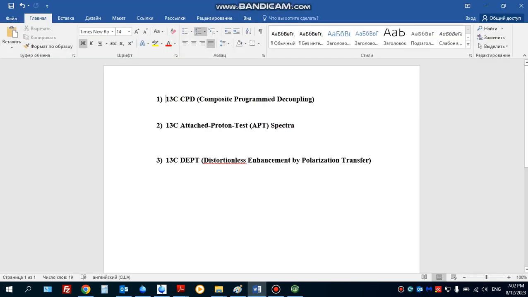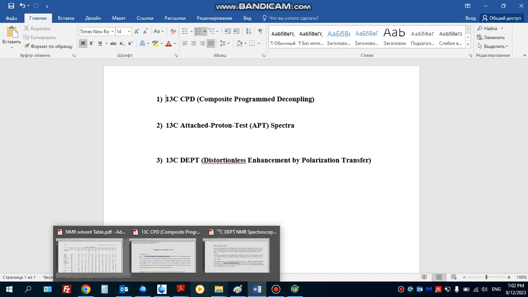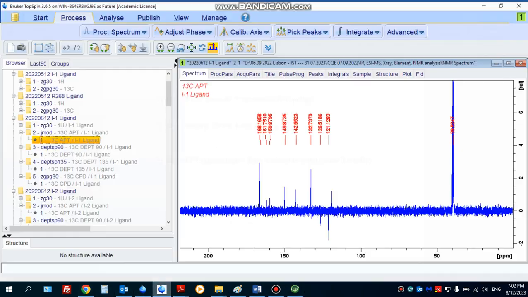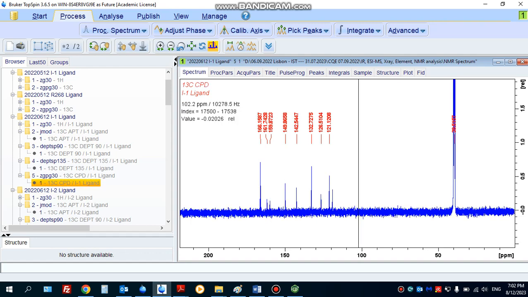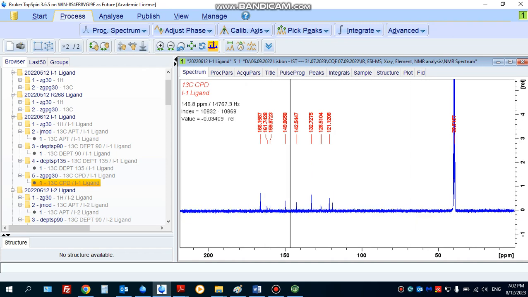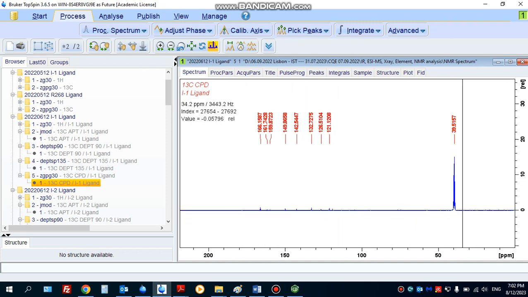So, I will simply try to explain why we need to use C13 CPD, C13 DEPT and C13 APT. If we go to C13 CPD, we can see 8 carbon peaks and 1 deuterated dimethyl sulfoxide solvent peak.